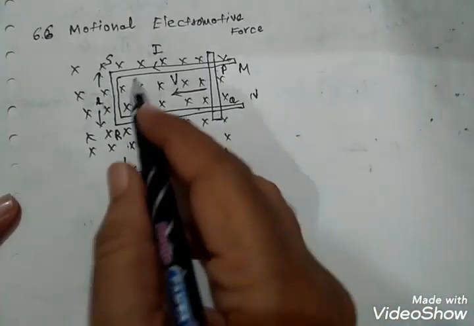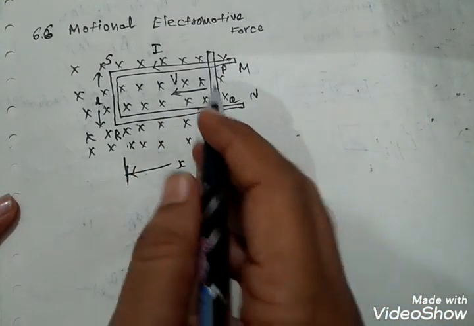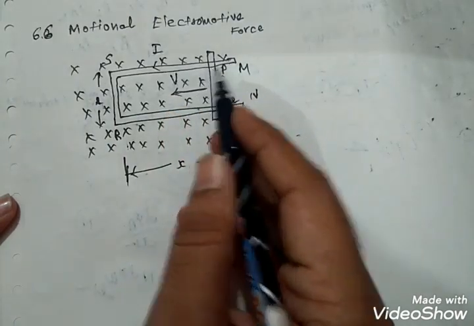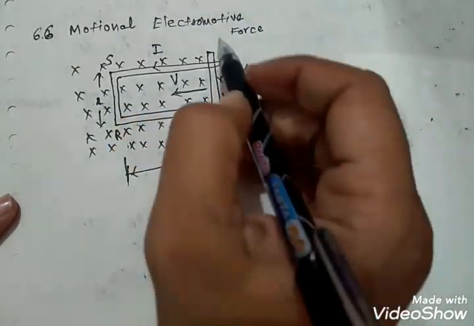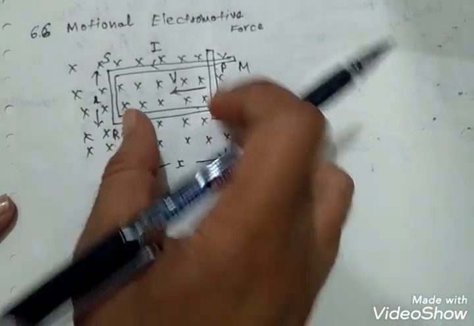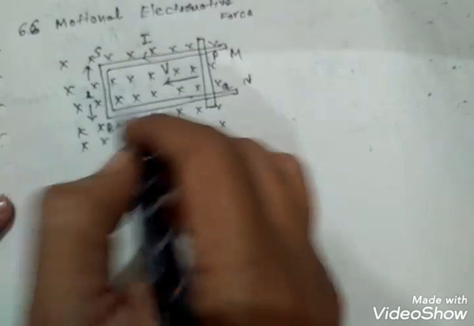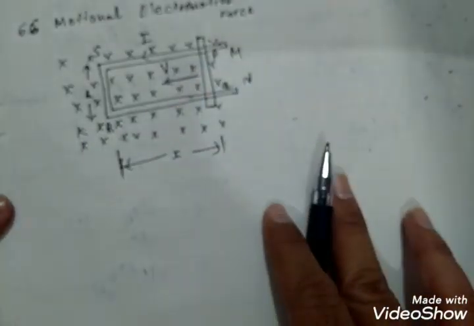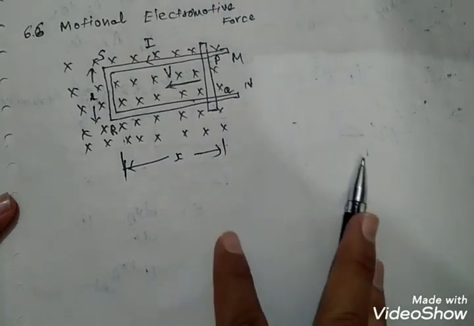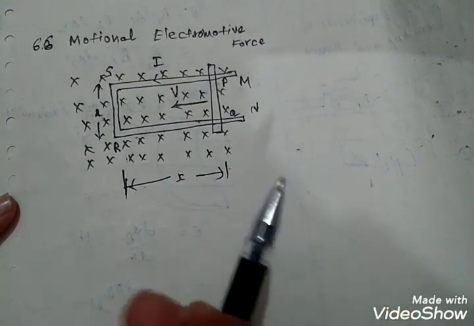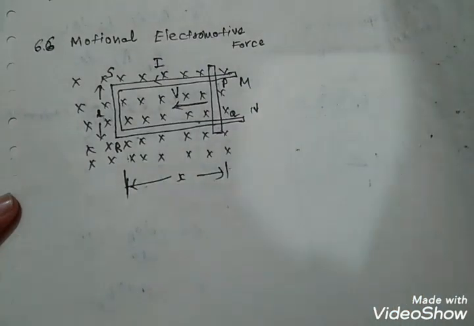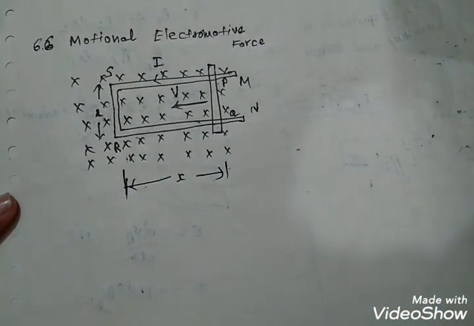Now here PQRS forms a closed circuit. The enclosed area changes as this rod moves, changing this rectangle's surface area. It is placed in a uniform magnetic field B, perpendicular to the plane of this system.